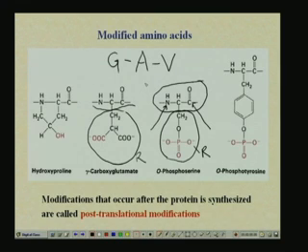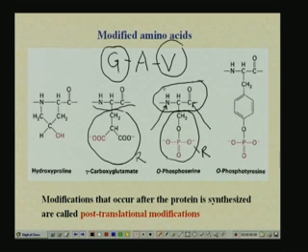Because you know how they are linked to one another. You know that the NH2 has to be on the glycine side. The carboxylic part has to be on the valine side, and the alanine would be intermediate like one of these, right? Is that clear? So, that is the way we consider all the amino acids.